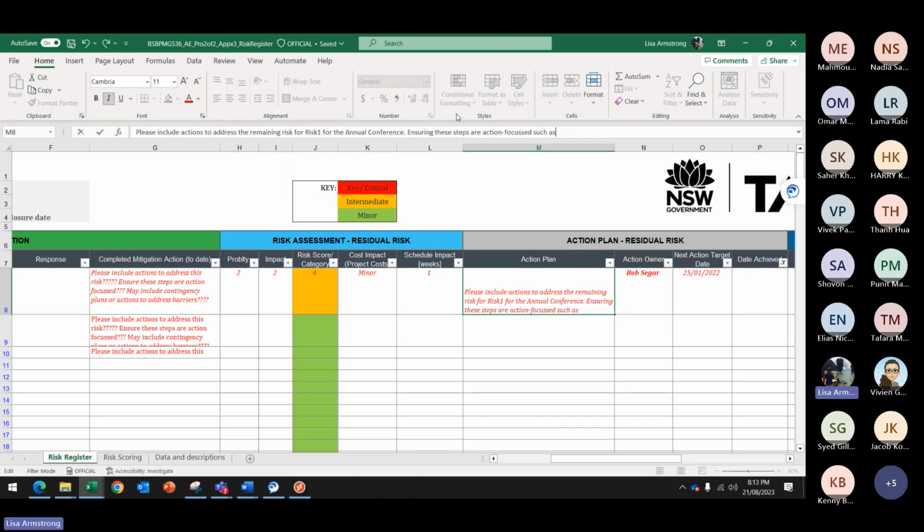Such as, we want to maybe review whatever we're reviewing, or develop, or keep those words very action focused, schedule, or coordinate. So hopefully these give you some ideas of words to use to start your actions for your action plan.